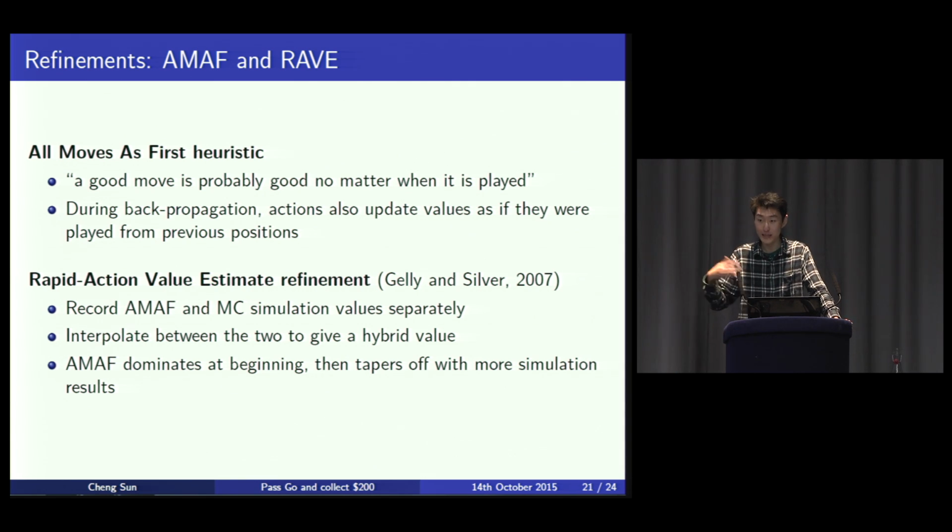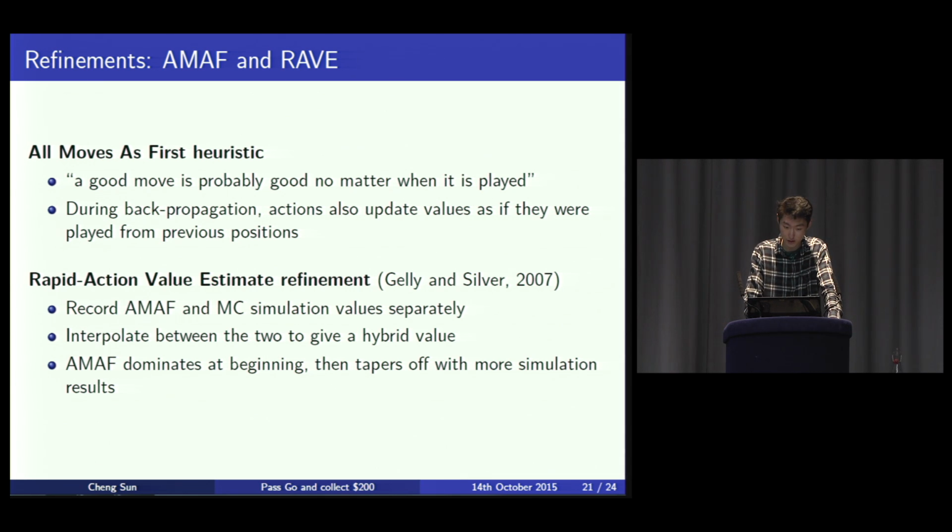Once we have some more meaningful data from the simulations, we will start to interpolate and use the Monte Carlo simulation results instead, because they're going to be more accurate. AMAF is only a rough kind of indicator. So using this refinement, Go engines improved many, many times in strength.